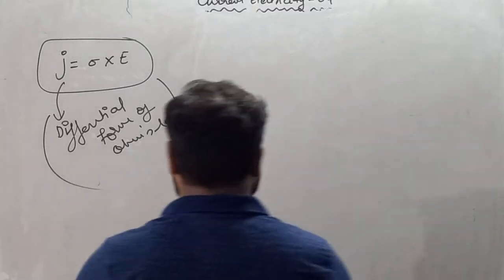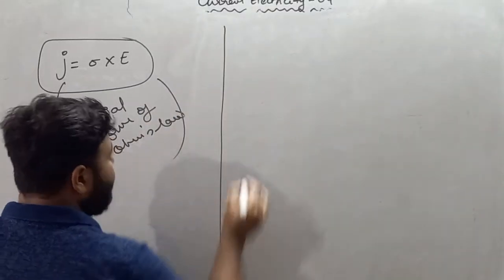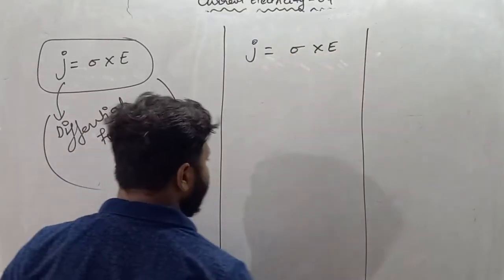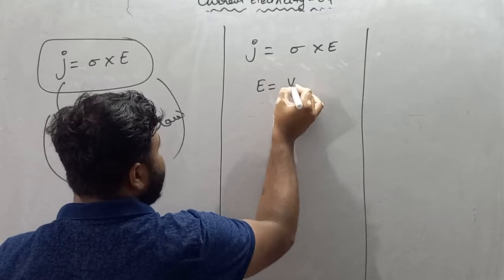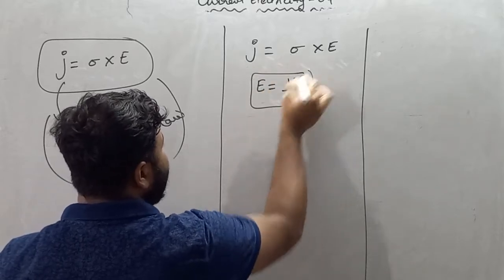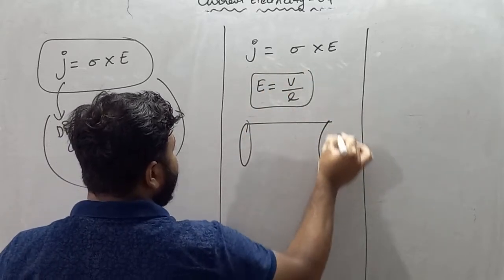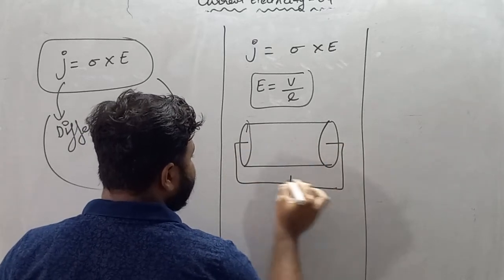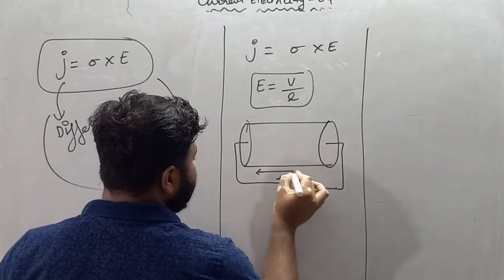Moving forward. So see, as we have J is equal to sigma into E, we know that instead of E we can write E is equal to V by L, where V is the potential across the conductor and L is the length of the conductor.